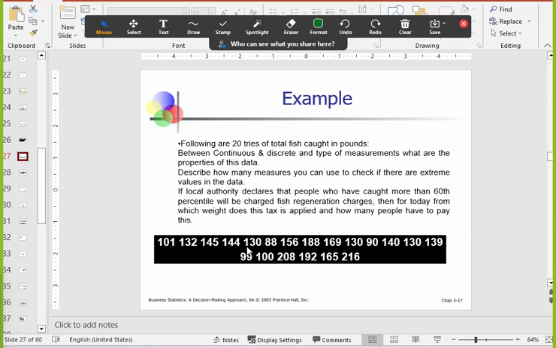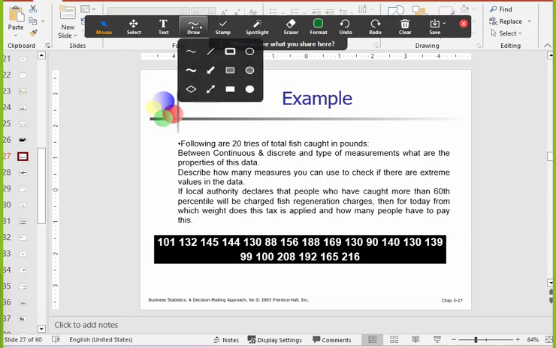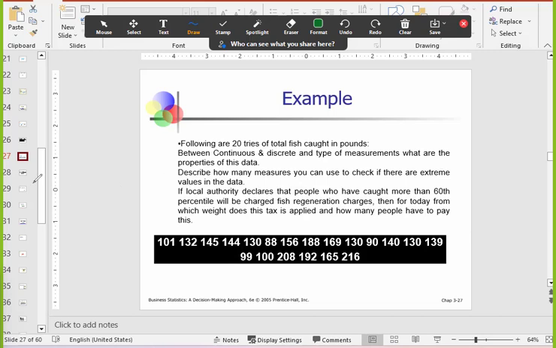Then you need to discuss how many ways you can use to check if the data has extreme values. We have discussed a few methods in this session; you just need to write what the ways are. Then the question is, if the local authority declares that people who have caught fish above the 60th percentile will be charged fish regeneration charges, meaning if somebody has caught fish whose weight is more than the 60th percentile, they will have to pay some tax, so that the tax can be used to regenerate fish.